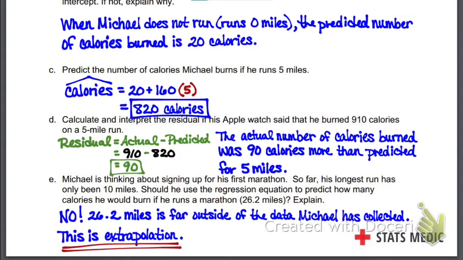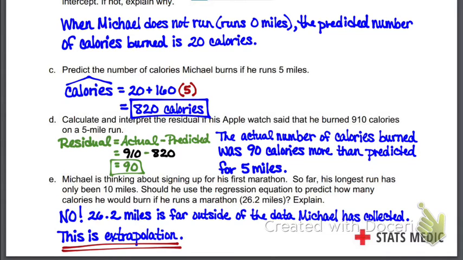Since we got a positive value, it was more, and you need to state what your X was here in context. So you wouldn't just say 90 calories more, you have to say 90 calories more than predicted, and then you have to have that for 5 miles part.